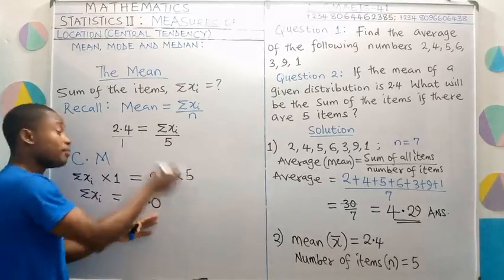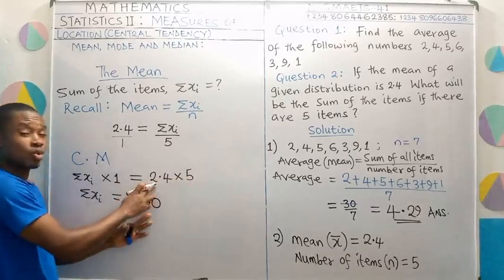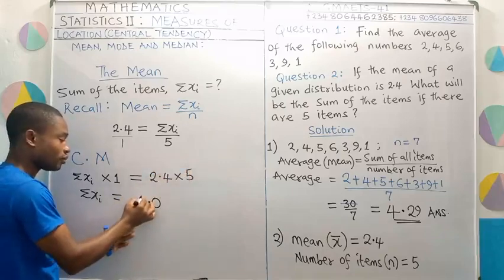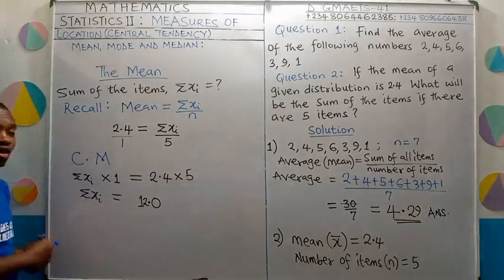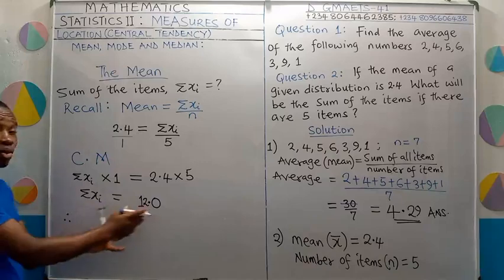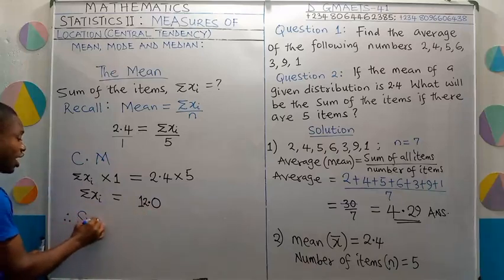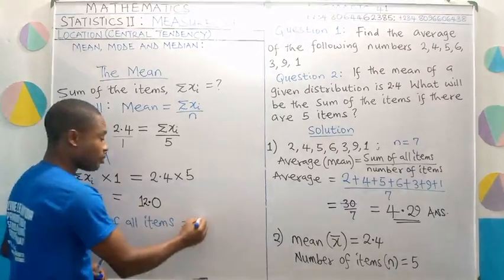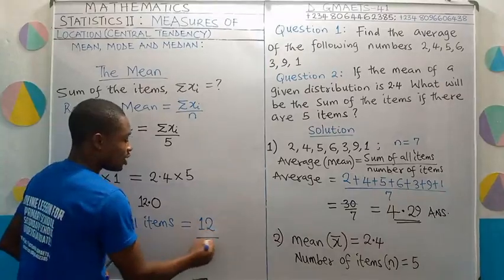You recorded 0 and moved 2. So 5 times 2, which is 10, plus the 2 you moved, will give you 12. Good. Let us now conclude. Therefore, summation of the item is equal to 12. Summation of the item, or sum of all items, is equal to 12.0, which is the same as 12. And that is our answer.